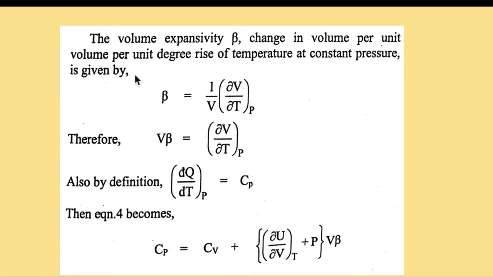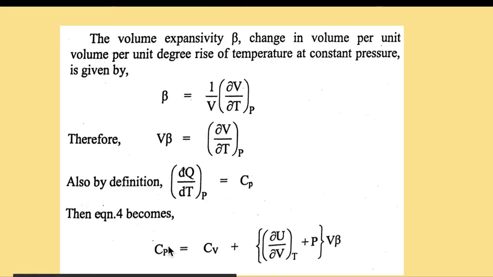The volume expansivity beta, this is also already defined. That means change in volume per unit degree rise of temperature at a constant pressure. That means change in volume dV per unit volume, 1 by V, per unit degree rise of temperature, you are writing as dt at a constant pressure. Therefore, you can write V beta as dV by dt at a constant pressure. And by definition, d bar q by dt at a constant pressure is Cp.